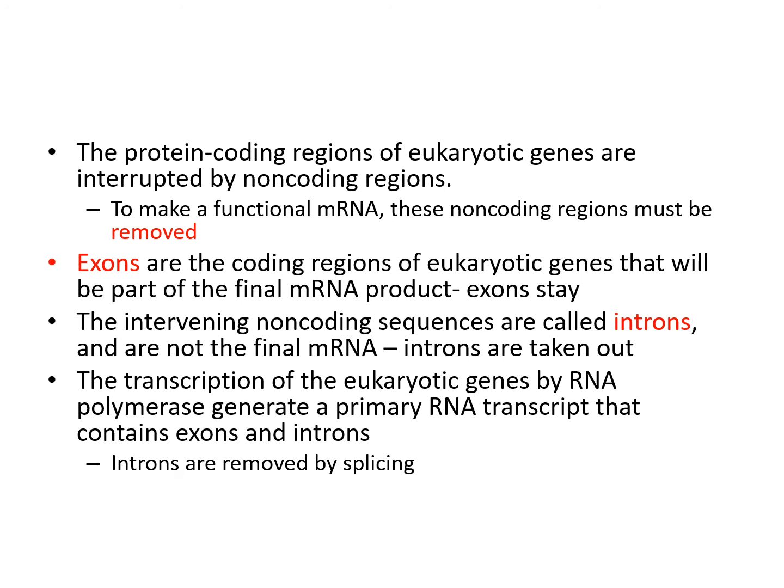The transcription of eukaryotic genes by the RNA polymerase will generate a primary RNA transcript that contains the exons and introns. This is the pre-mRNA, the immature RNA transcript. In this process, introns are removed by the process called splicing.